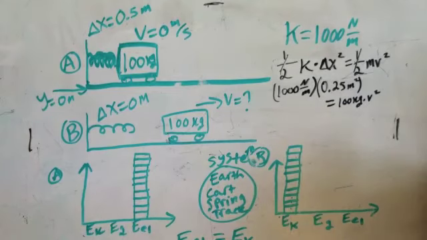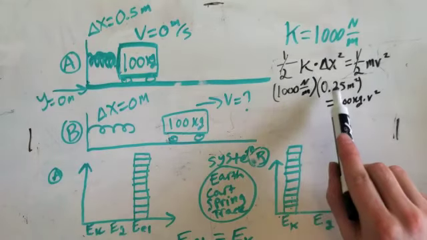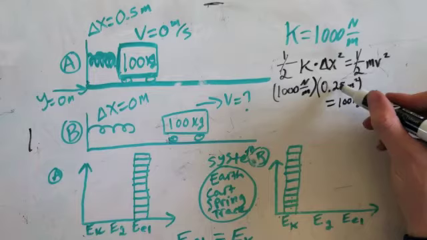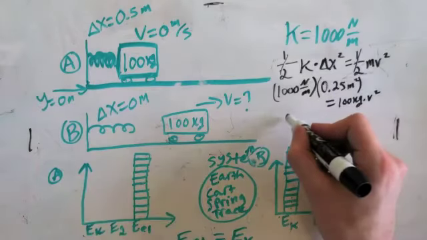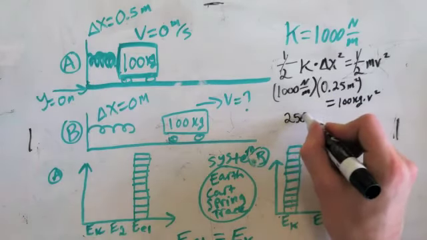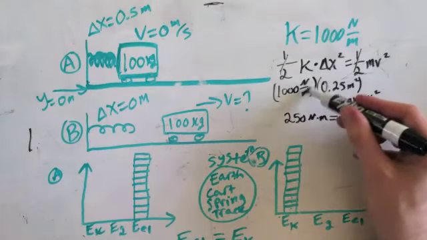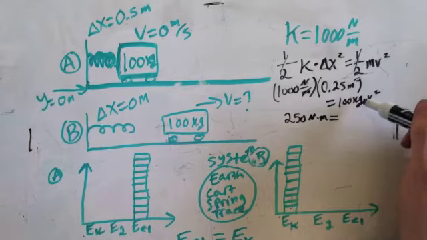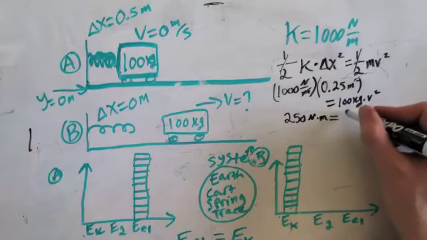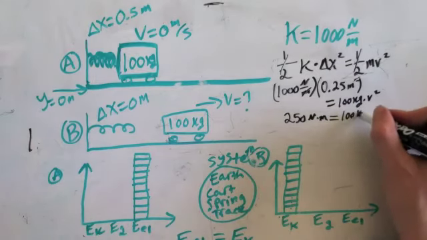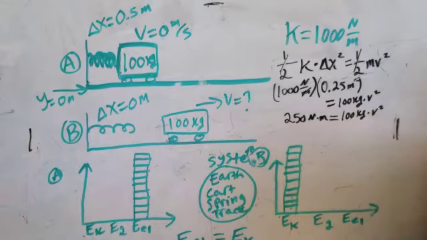I want velocity. Okay, 1,000 times 0.25 is going to be 250 Newton meters, which is equal to 100 kilograms times velocity squared.